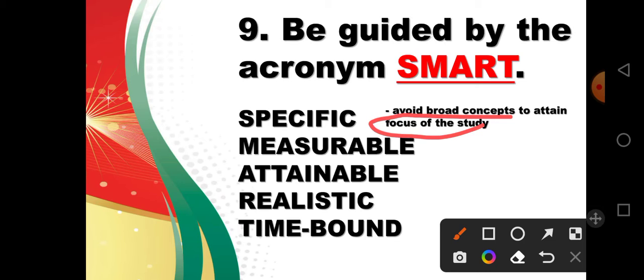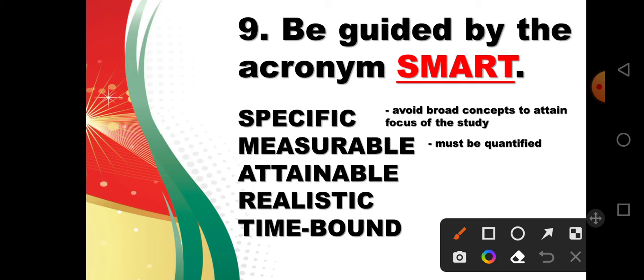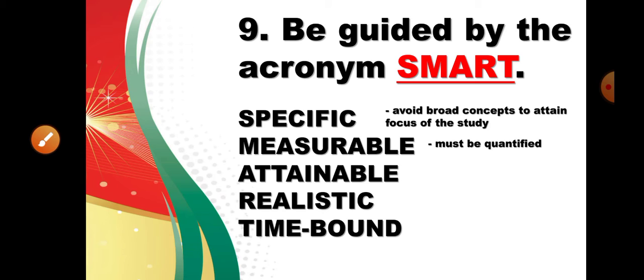Next, your objectives are measurable if you have variables that are quantified, or meaning to say you have variables that can be measurable. You can assign specific numbers to such variables.